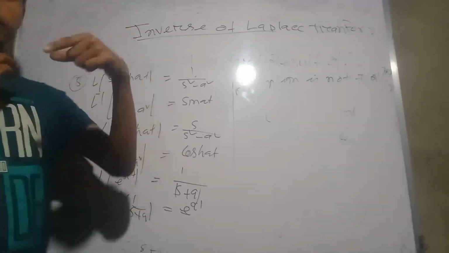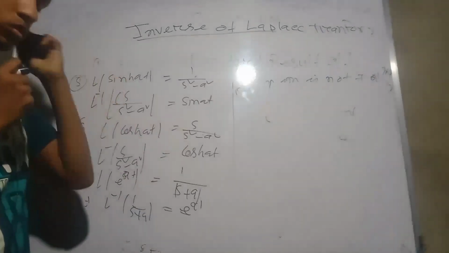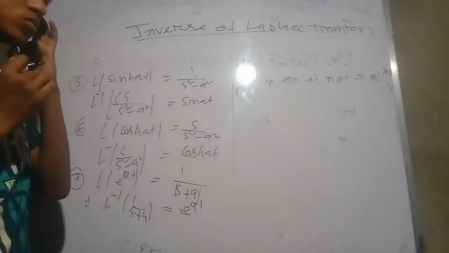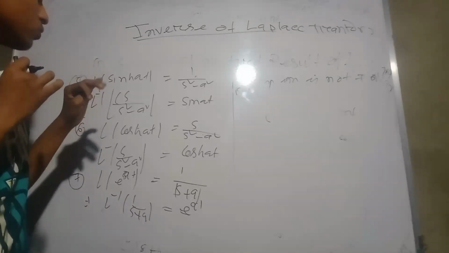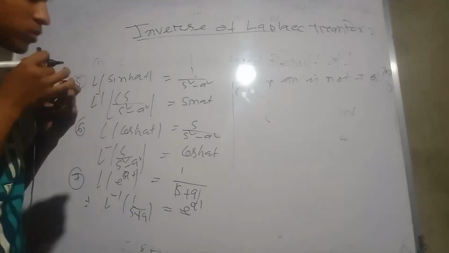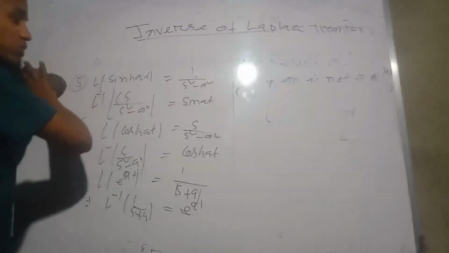If I have left something, you can write it down in your notebook. So that is the basic introduction of the Laplace transform of a function. Now we are moving to look at the properties of the inverse of the Laplace transform. If you have written it down, I am erasing it so that I can move forward.